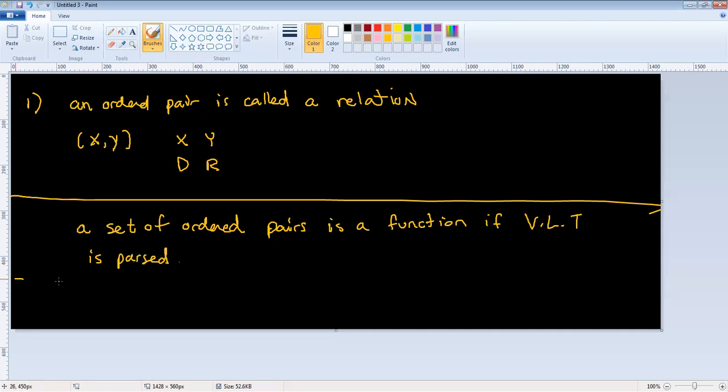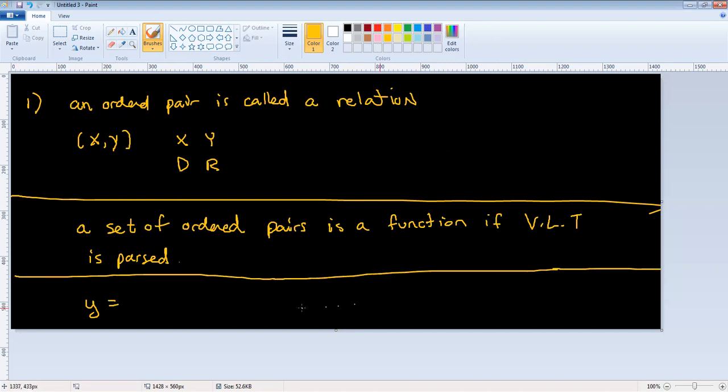What if we have y is equal to x squared minus 1, and this is defined as so? Is this a function?